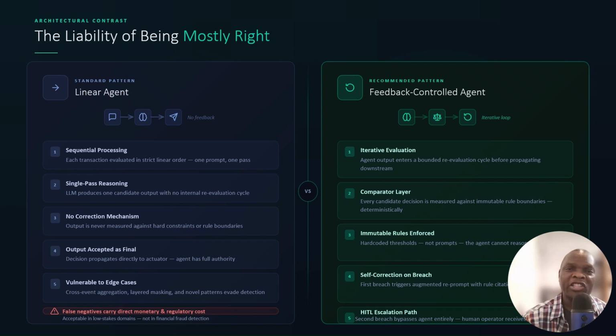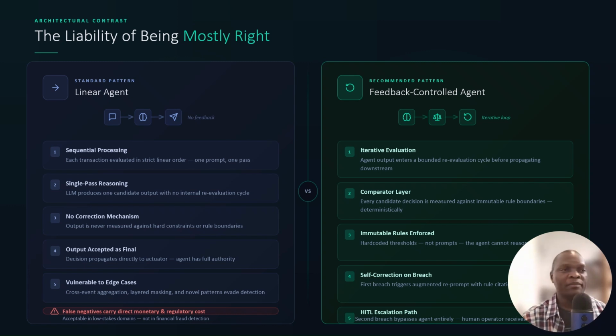In financial fraud detection, it is not. A false negative, like a fraudulent transaction classified as legitimate, carries direct monetary and regulatory consequences. The feedback-controlled agent introduces a comparator layer that evaluates every output before it is acted upon. This is the foundational architectural shift we are building toward today.